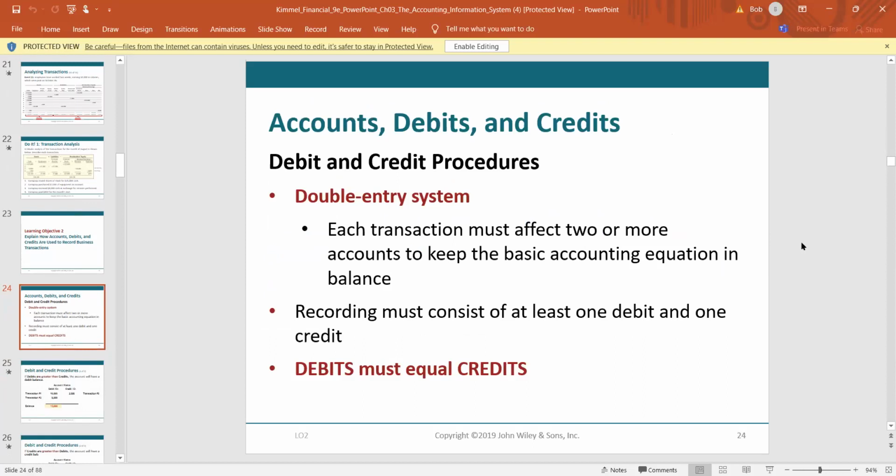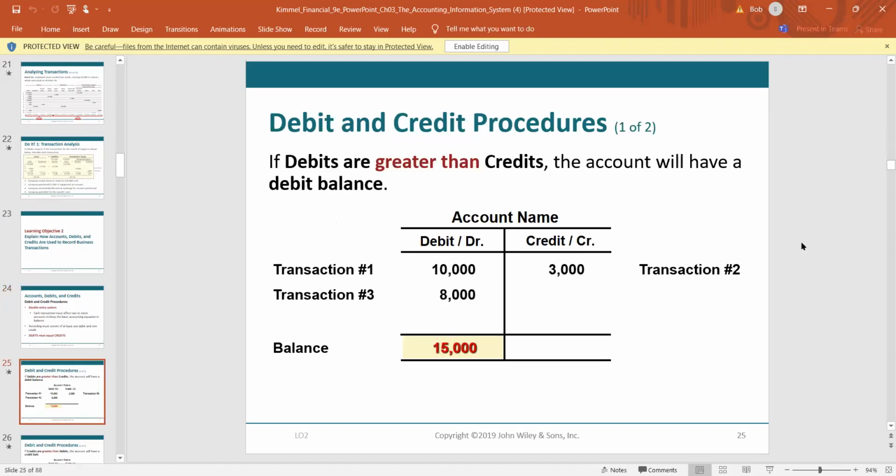Debit and credit procedure, double entry system. Each transaction must affect two or more accounts, obviously to keep the basic accounting equation in balance. Recording must include one debit and one credit, and debits equal credits. Now let's see what we're talking about.